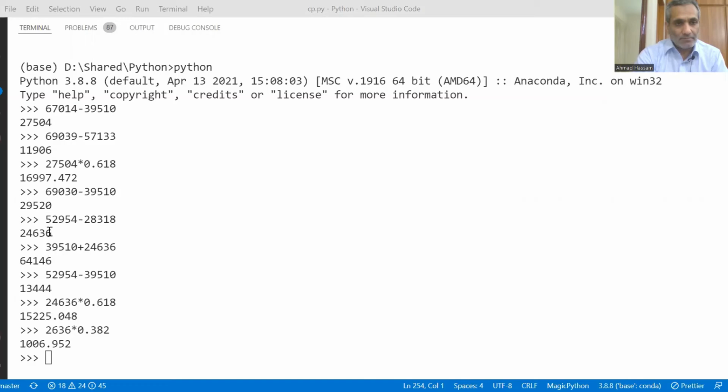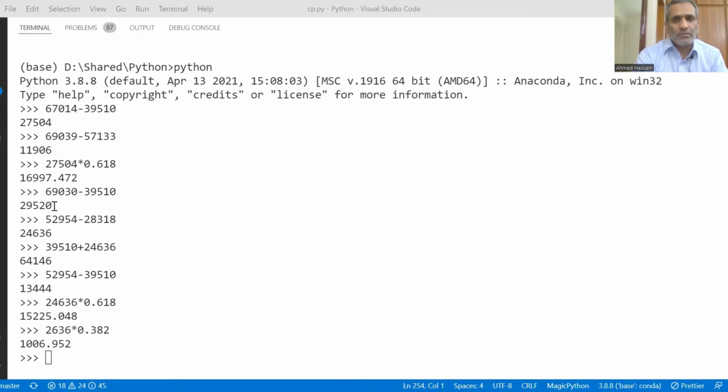Here we have this D point, 69,030, and this is the C point, 39,510. So we have got 29,520, and this is the B point, 52,954. This is the A point, 28,324. So this is 24,636.